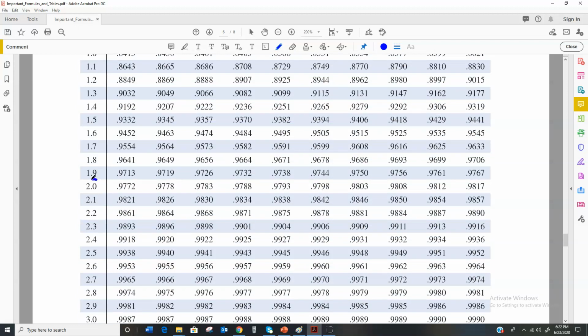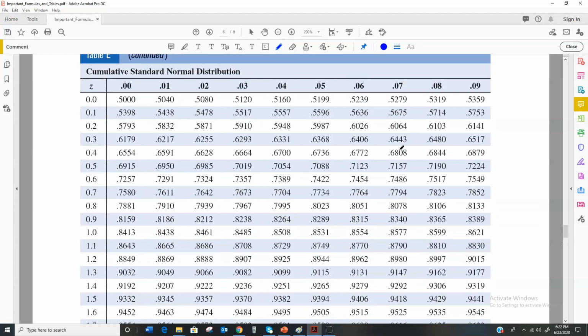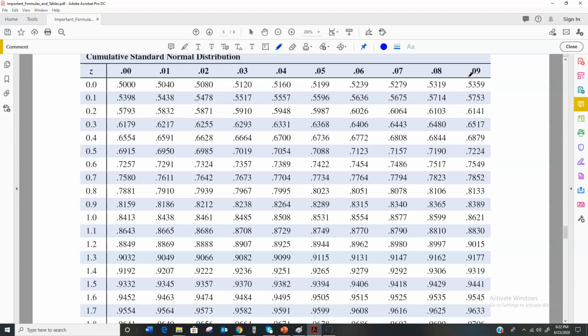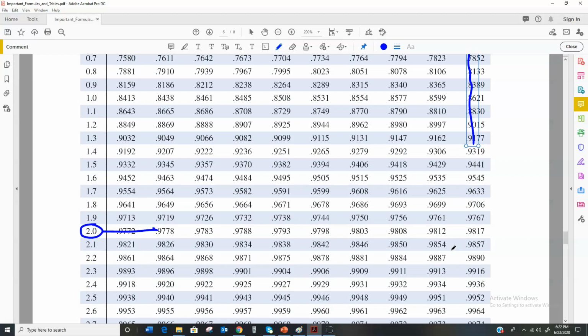So we find 2.0, and then we go over until we get to 9. I keep saying 8, and it's 9. So we bring that down until the two meet.